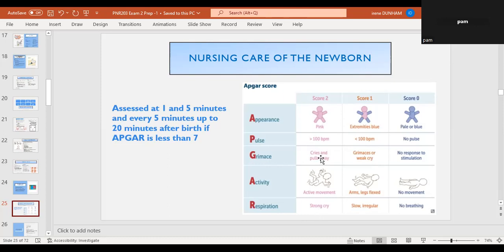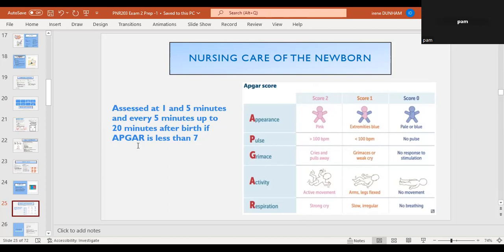Now, this pink baby here, with the score of 2, doesn't need much. Just maybe blow-by oxygen, and make sure you get him dry. We are always concerned about thermoregulation, so make sure he doesn't lose too much heat through what? Evaporation. So you want to dry him off. Now, you assess at 1 minute and 5 minutes, and then every 5 minutes up to 20 minutes after birth, if the APGAR score is less than 7.